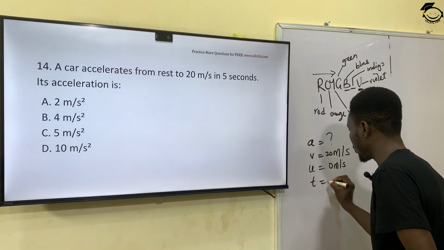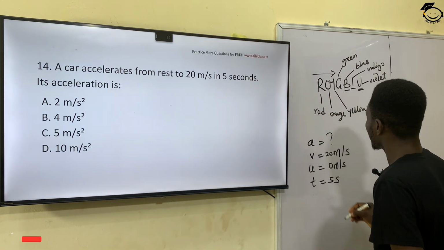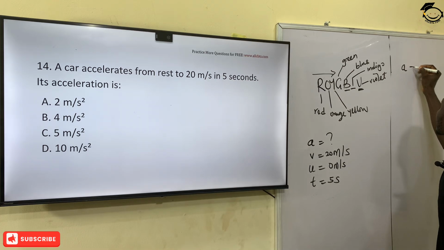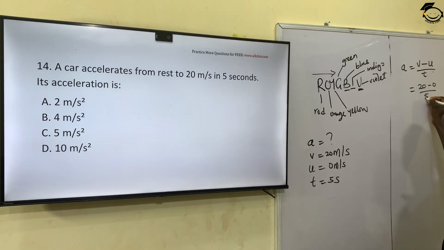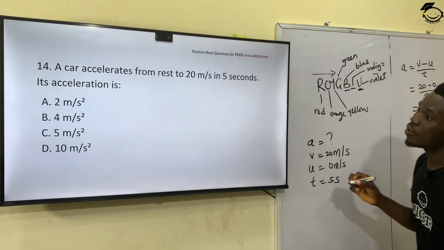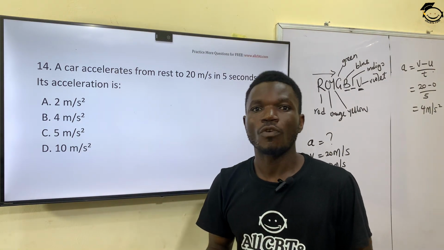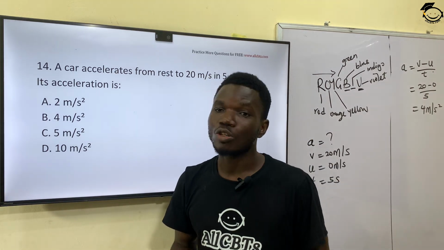And the time is 5 seconds. So our acceleration is final velocity minus initial velocity divided by time. That gives 20 minus 0 divided by 5, which is 4 meters per second squared. So the correct answer is 4 meters per second squared, which is option B.